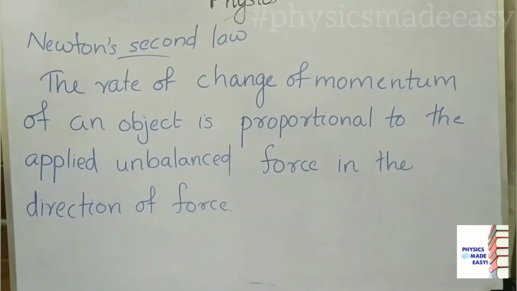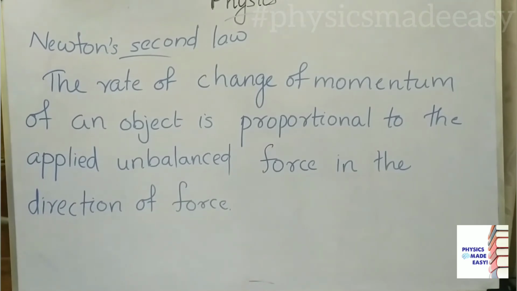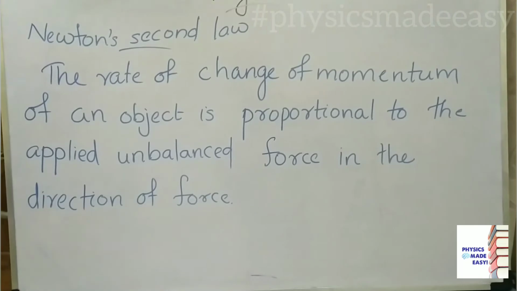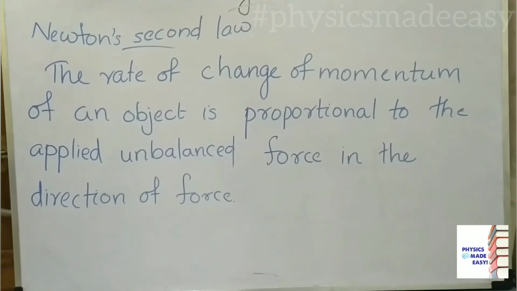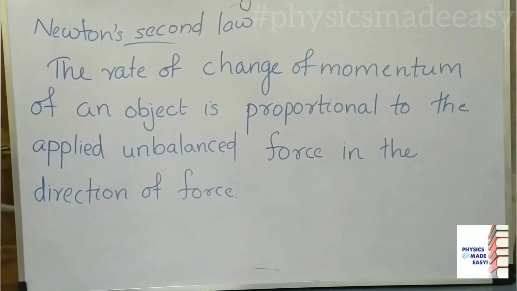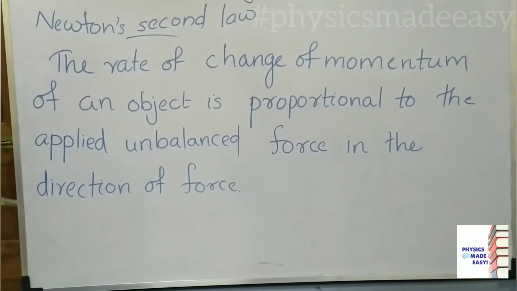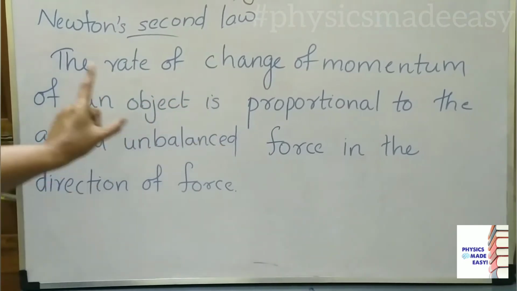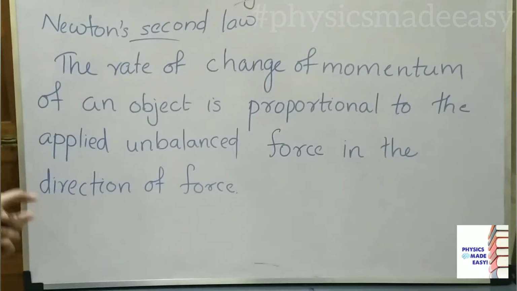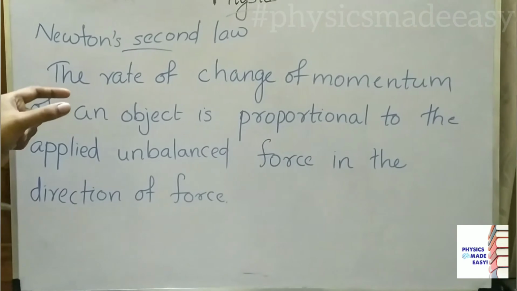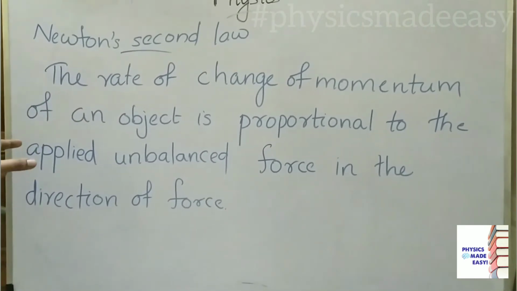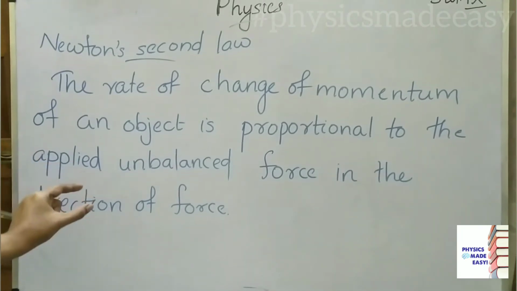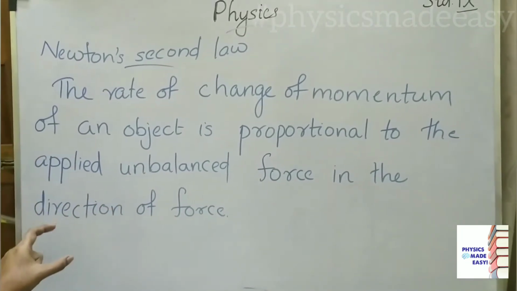That will change the state. That time the object can move or the object will change the speed. So there we are connecting mass of the object and its velocity. That's why here you can see momentum. So Newton's second law states that the rate of change of momentum of an object is proportional to the applied unbalanced force in the direction of force.